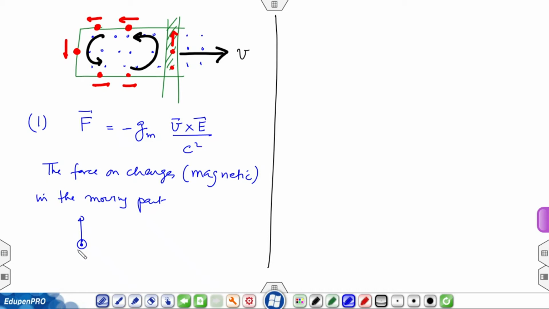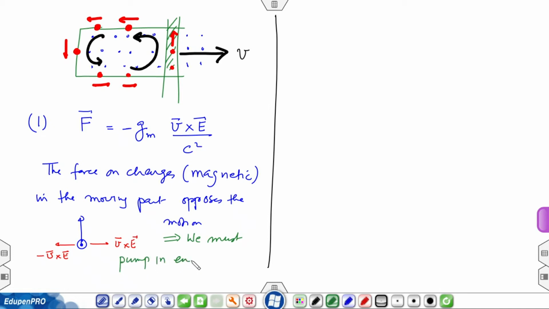So, v cross E, this will be v cross E, and this will be minus v cross E. Moving charge, so force on the moving part opposes the motion, and that means we must pump in energy to keep the rod moving, and therefore, energy conservation is true. We are pumping energy, which then comes out and gives motion to these charges.